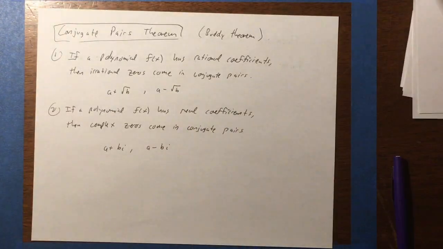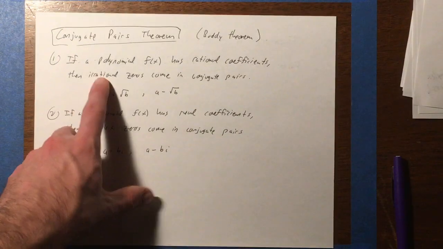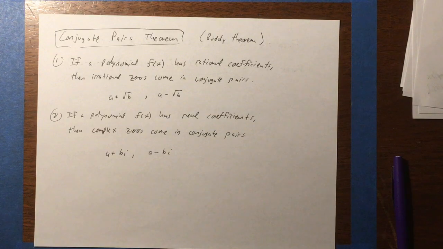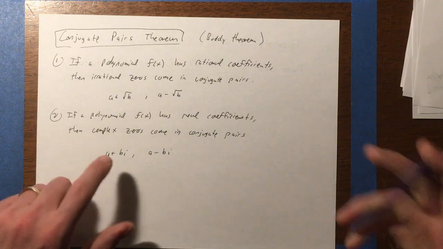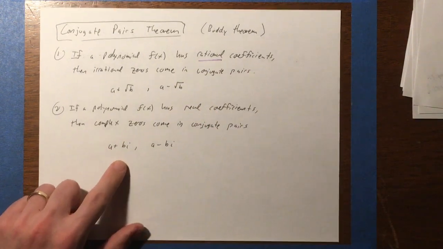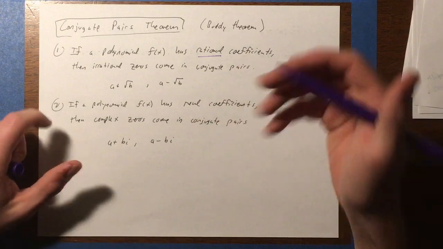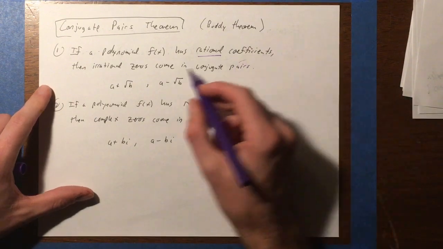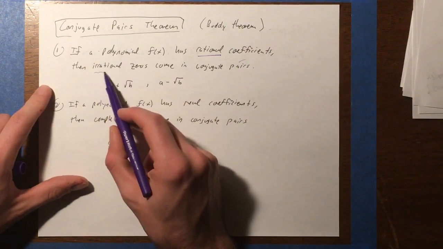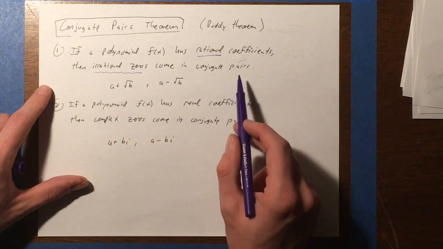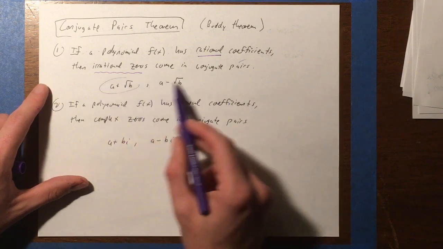The theorem says this: if a polynomial f of x has rational coefficients, so that would be like fractions, integers, that kind of thing, not irrational numbers, but rational numbers as coefficients, then any irrational zeros that it has have to come in conjugate pairs of this form.